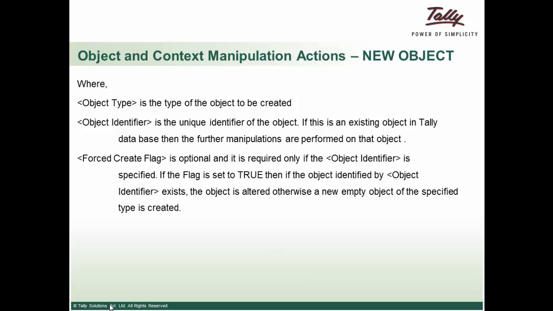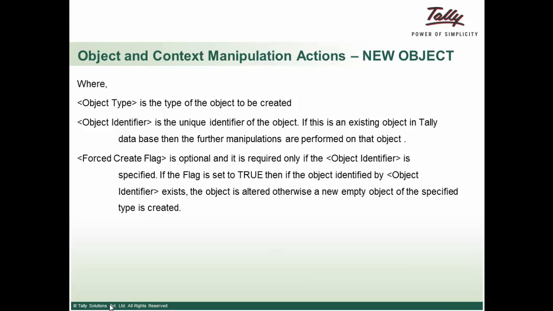So object type is the type of the object to be created. Object identifier is the unique identifier of the object. If it exists in the Tally database, then further manipulations can be performed on that object. Forced create flag is optional and is required only if the object identifier is specified.